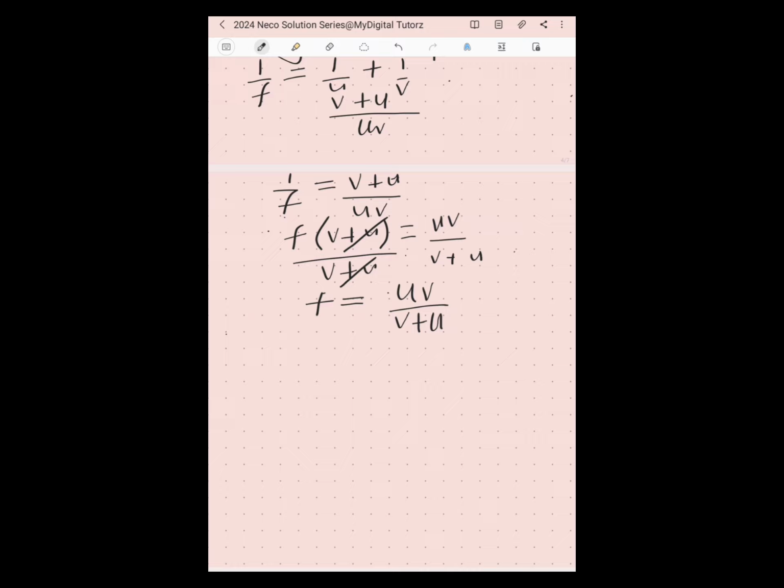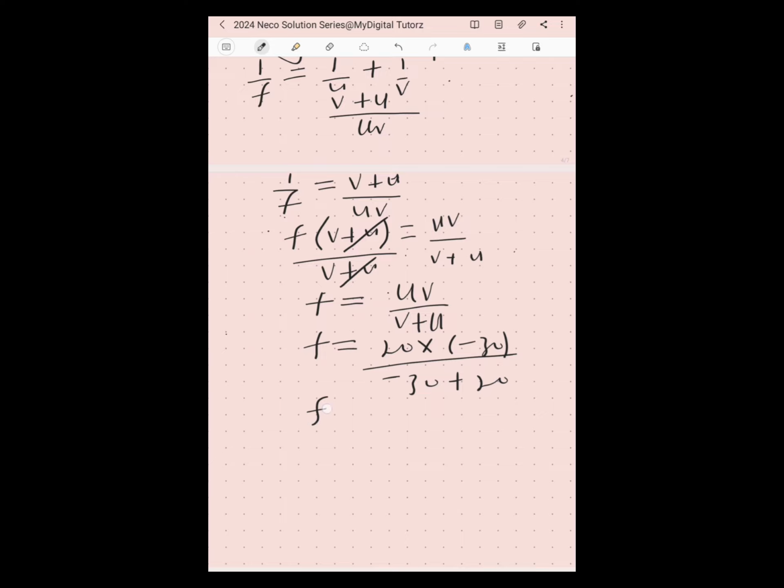Are we together? So now let's input the values. f will be equal to u, which is 20, multiplied by v, which is minus 30, all over minus 30 plus u, which is 20.